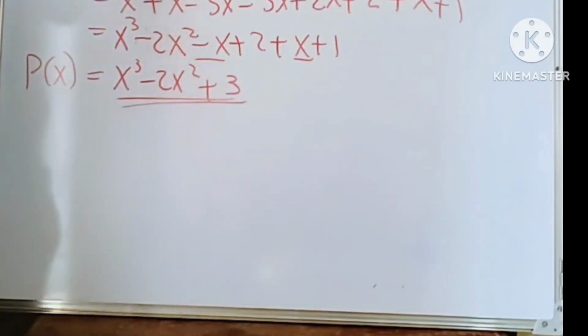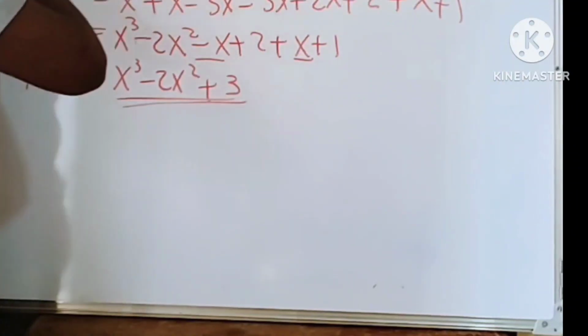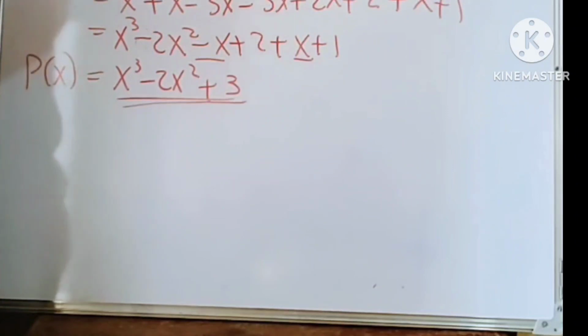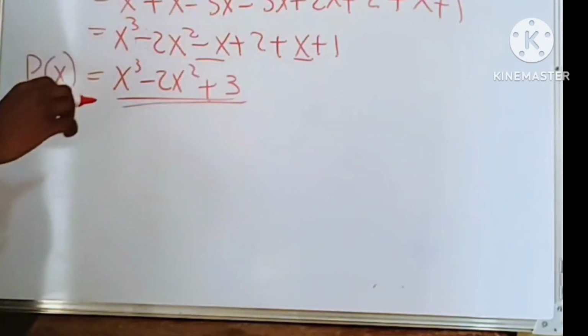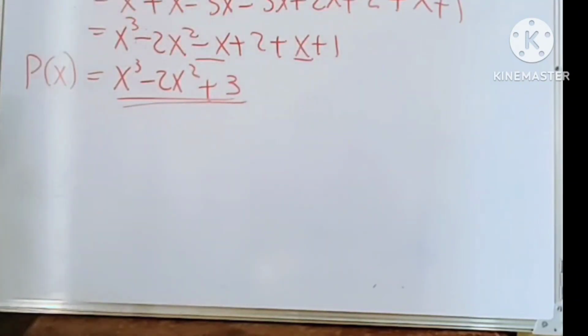So when they say -1 is a root of P of X, it means that P of X has a real root which is x plus 1. It's from here that we get P of -1 equals 0. Are we together? So we're going to use x plus 1, knowing that it's a root of the polynomial, to divide. So right now, let's divide.